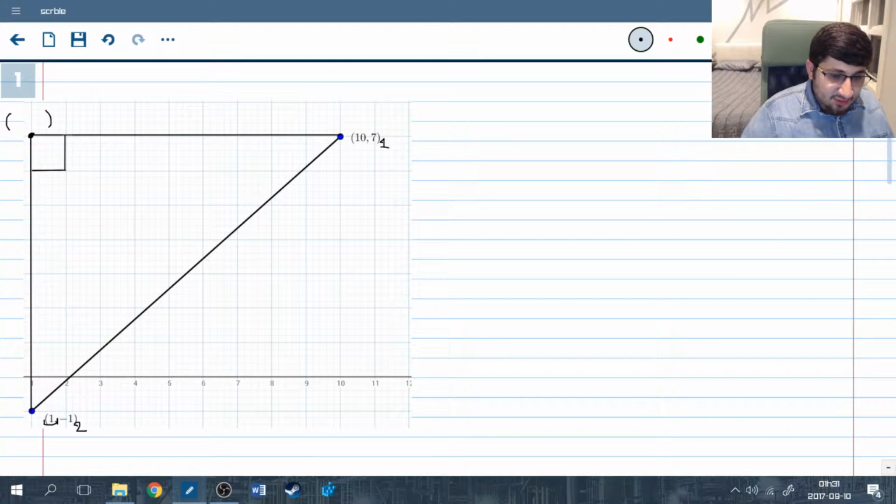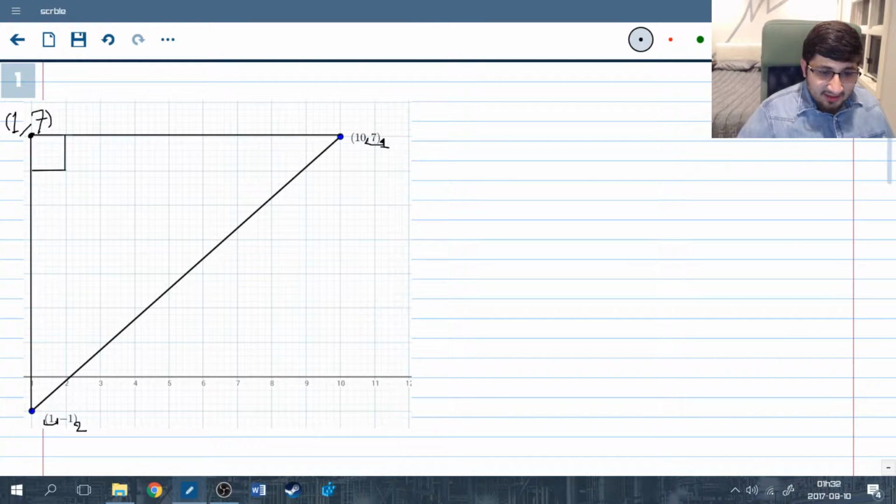Seeing as this doesn't move to the left or right of this point, it is exactly on the same x-coordinate, so we'll say 1 here. Likewise, it takes the y-coordinate from the other point. This point isn't above or below this point over here, so that's why the y-coordinate comes from here. So we have (1, 7).